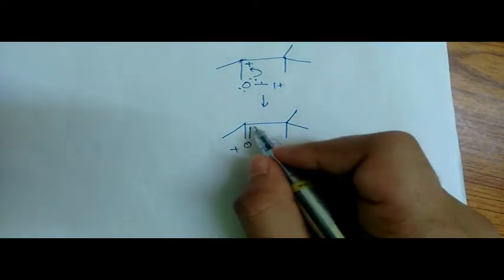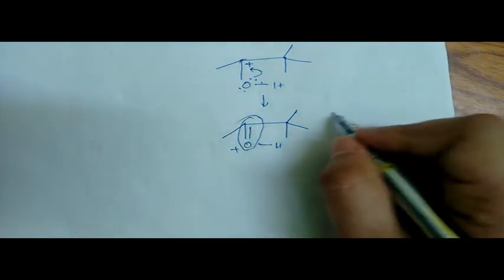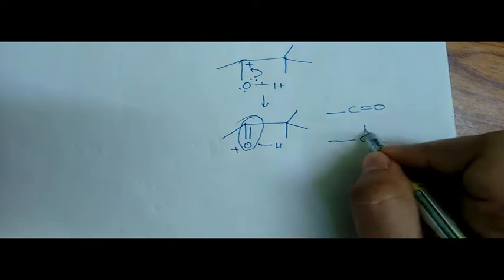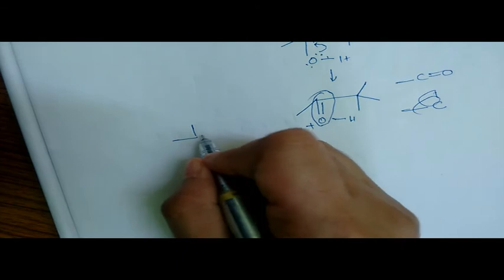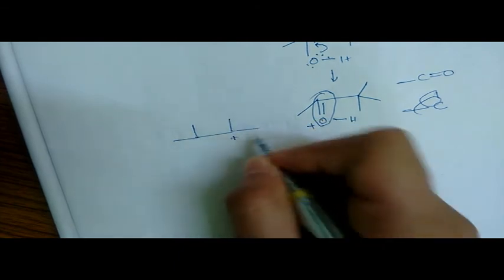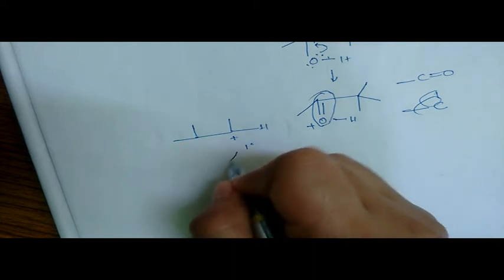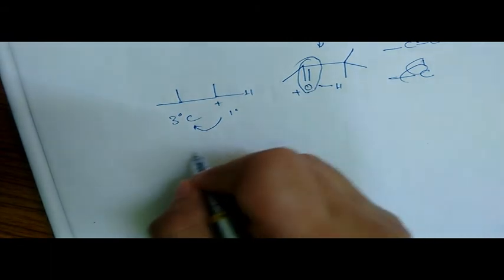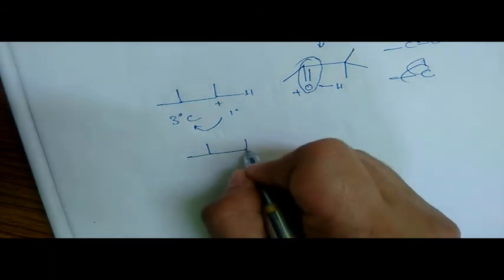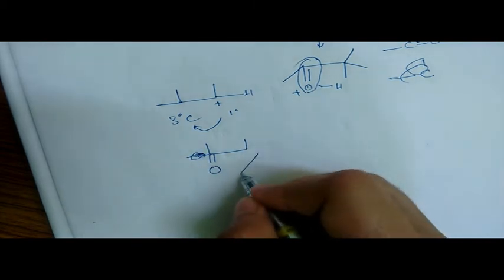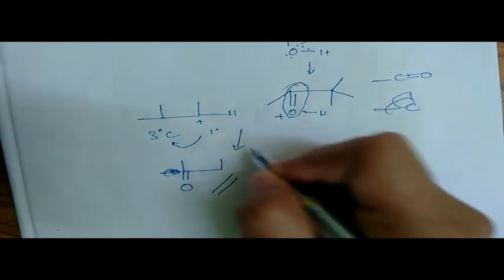So the stability of this C=O bond is more than carbocationic stability. That means if after rearrangement a 1 degree carbocation is converting to a 3 degree carbocation, and also there is a possibility that after migration a C=O bond is formed, the reaction will proceed in the second way.